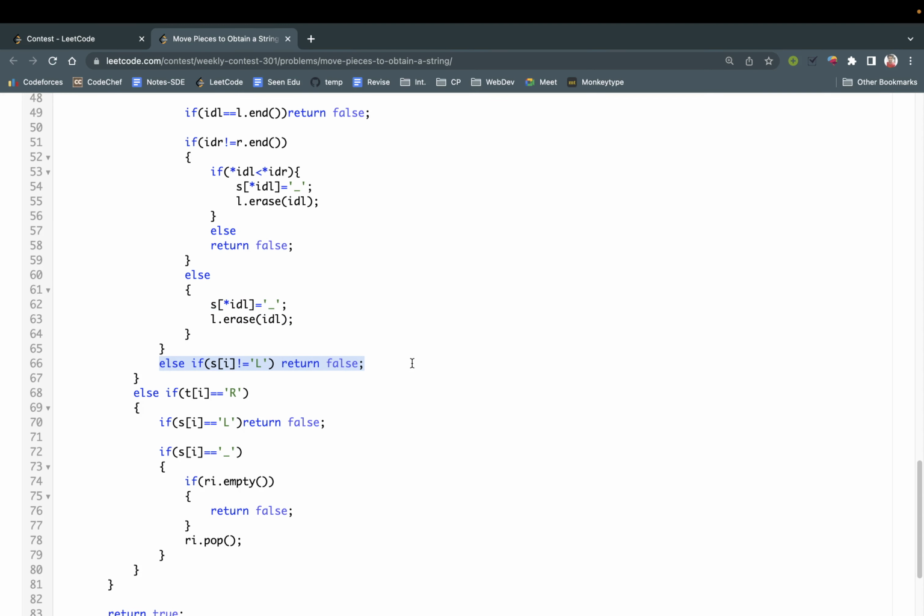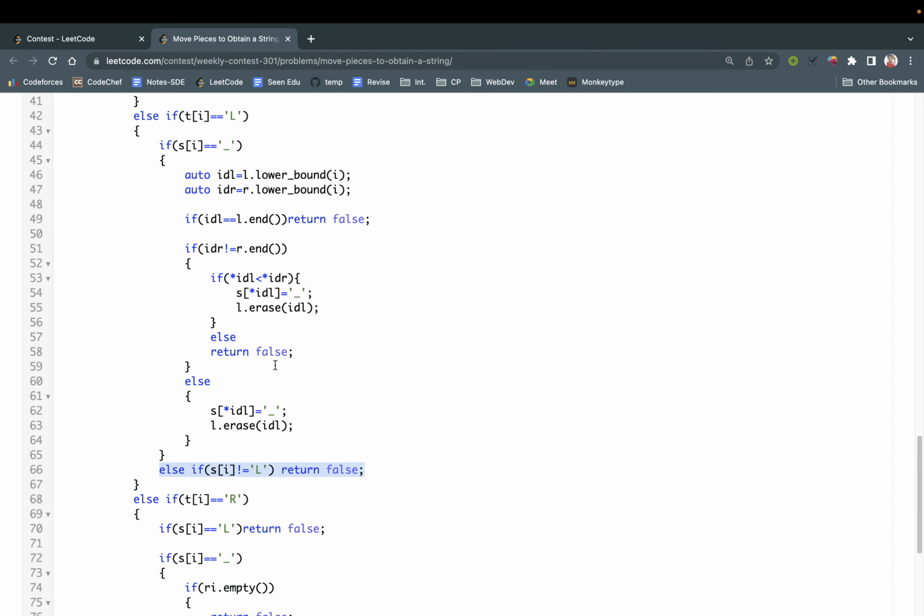And the second one: if s of i is not equal to L, it means they have to be the same.